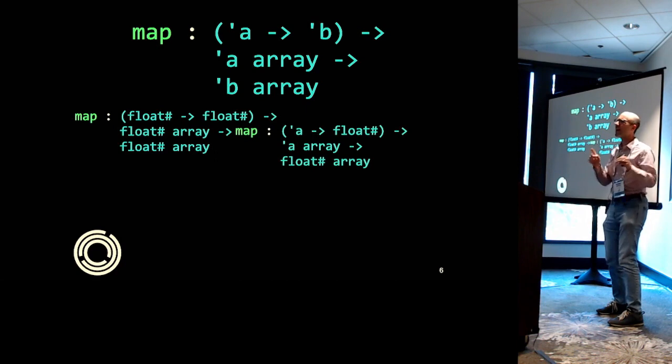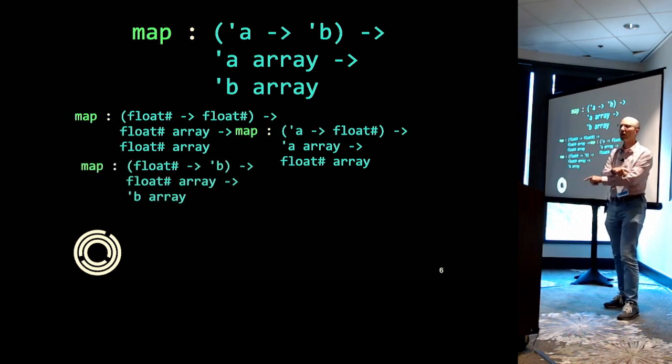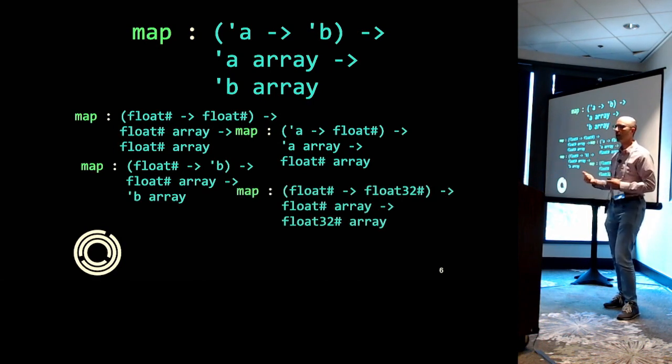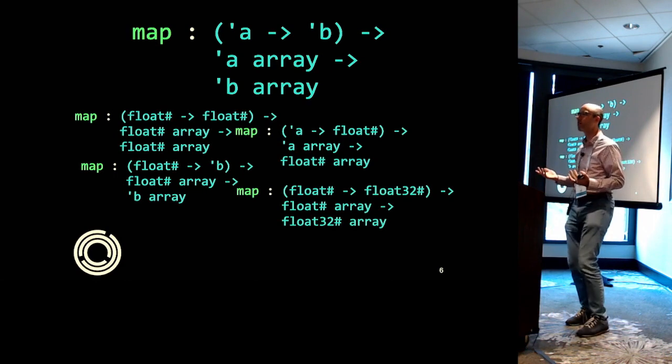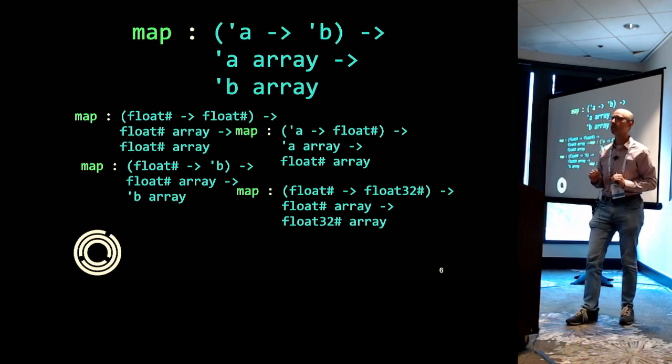Well, and then I realize I actually might have an array of values that I want to map into an array of unboxed floats. So I need to have this one. And then, well, maybe I want to go the other way, and I have my array of unboxed floats, and I want to go into values. And now, actually, it turns out that we're recognizing a need not just for 64-bit floats, but we want also 32-bit floats. This is a real need within Jane Street that has come up.